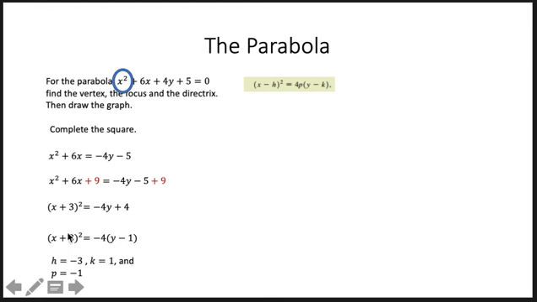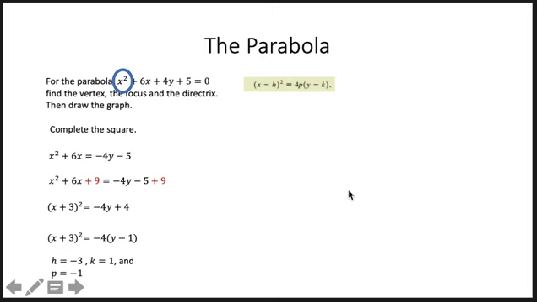That comes from right here. It's the opposite of this. k is the opposite of this, so it's positive 1. And p is negative 1. Remember, 4p is negative 4, which means p has to be negative 1.